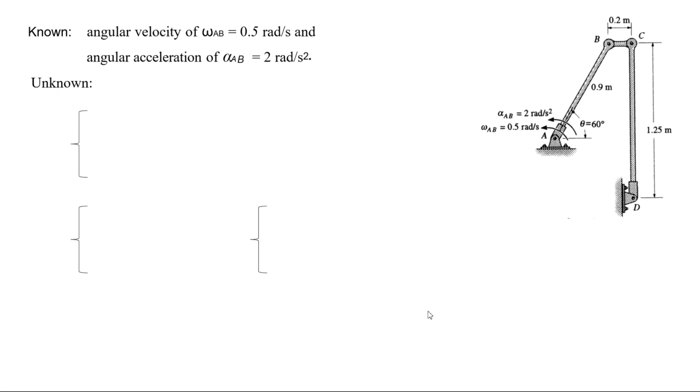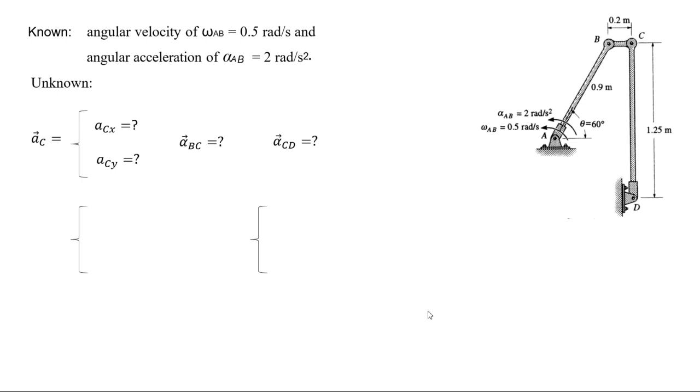Now, the knowns are the angular velocity of AB and the angular acceleration of AB. The unknowns are first the acceleration at the point C. We don't know the x direction and the y direction, or the normal and the tangential. And the alpha of the link BC is also unknown, and the alpha CD is also unknown.